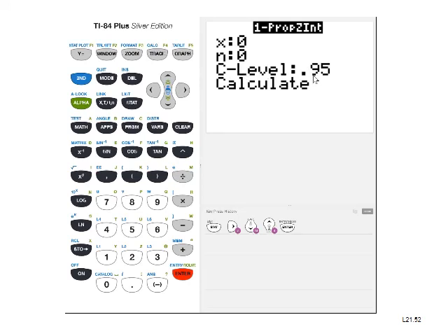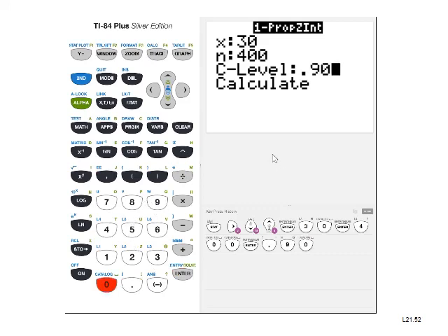So in one of the examples we saw earlier, we saw that 30 people out of a sample of 400 selected 7 as a random number between 1 and 20. Let's compute a 90% confidence interval for the actual proportion in the population that would select 7 as their random number between 1 and 20.